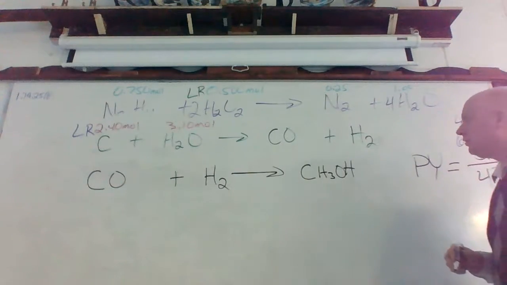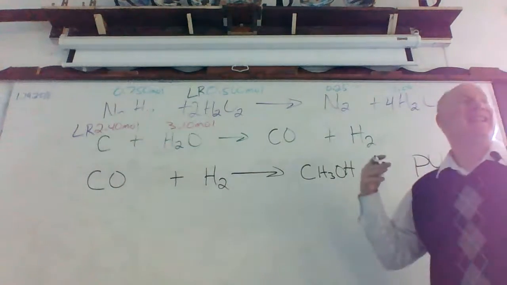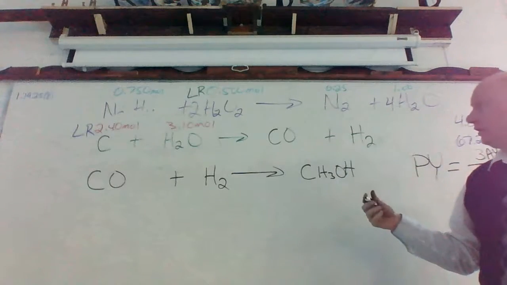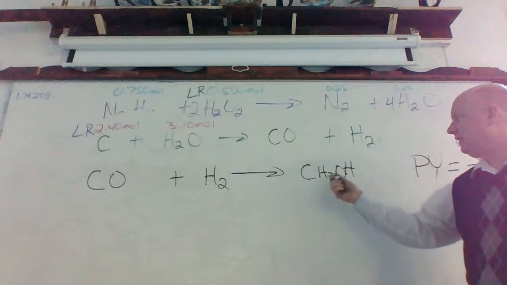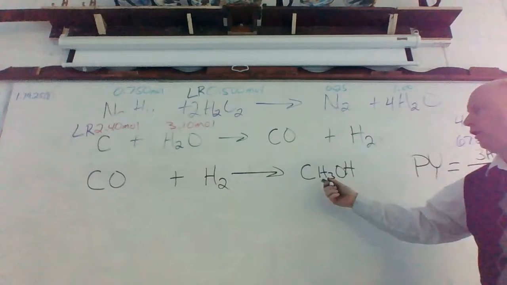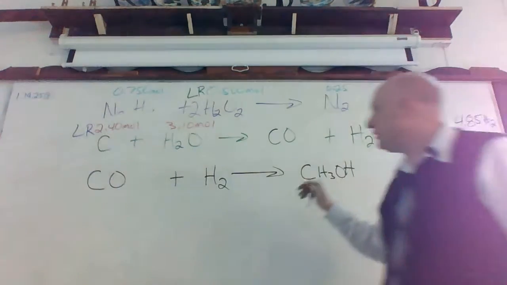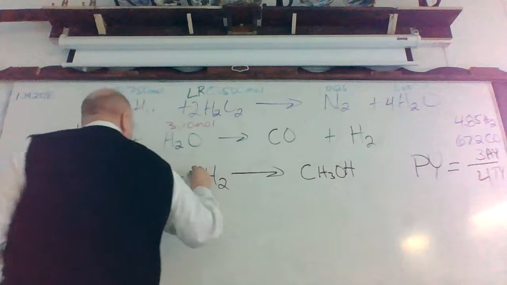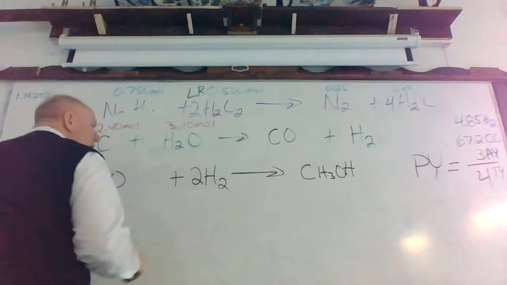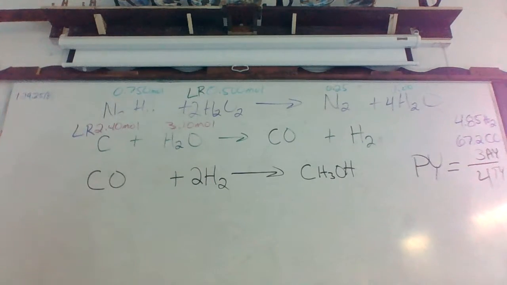If you did not have to balance that, sometimes it's easy to forget that when elements are split up in 2 separate spots, we've got 4 hydrogens, so we need to put a 2 here, and then everything else is balanced.